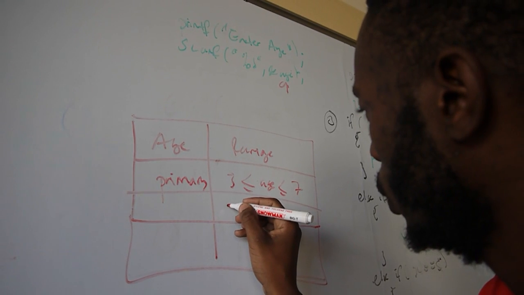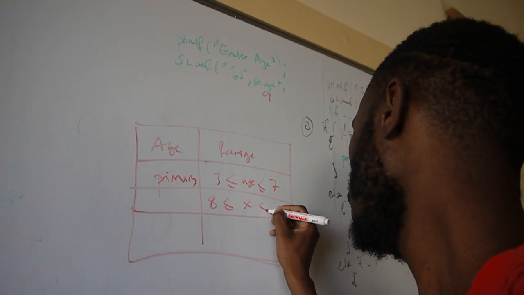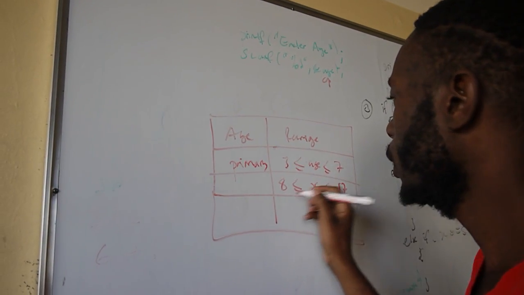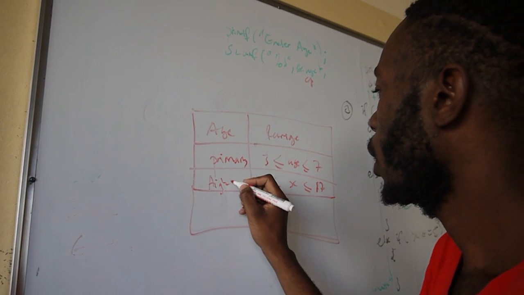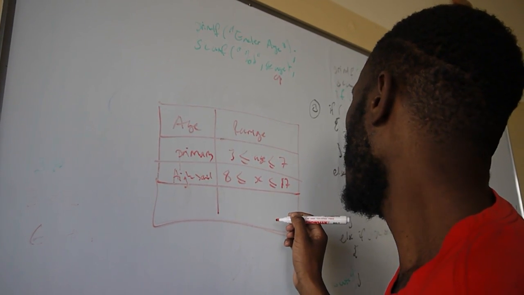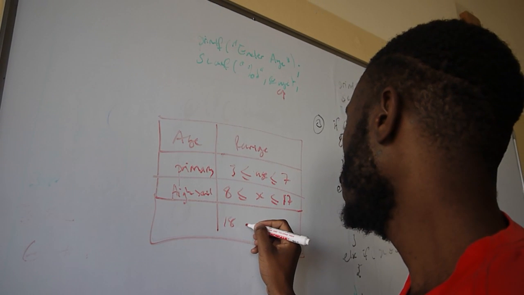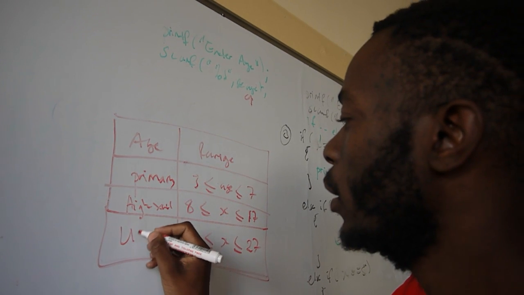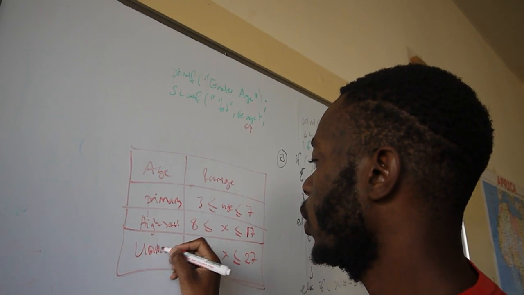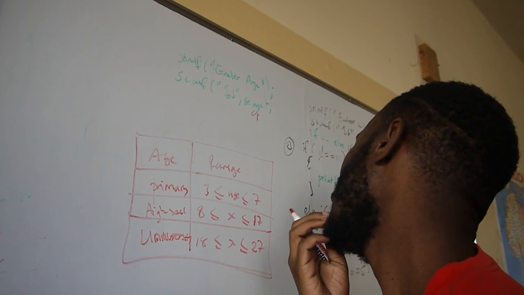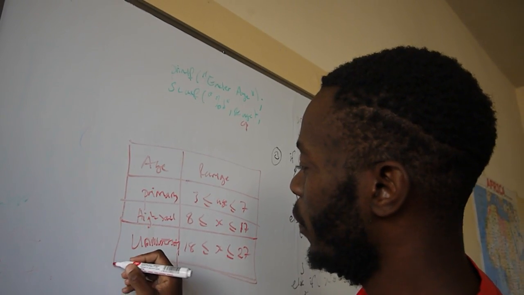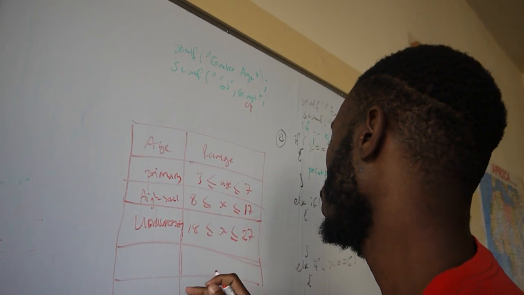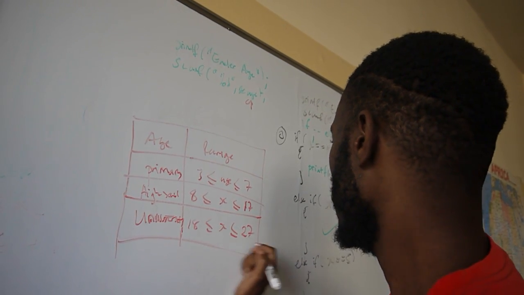Then if age is 8, let's say up to 17, then high school is what the program is going to print. Then if age is 18 up to 27, then university. So we want a program that prompts a user to enter age, and if age is in this range, it's going to print this, and something of that nature.